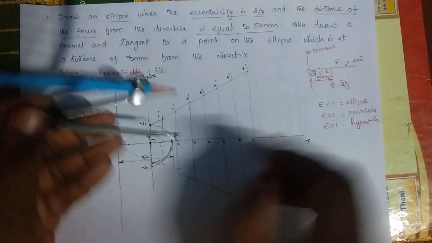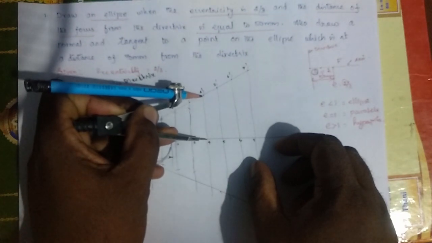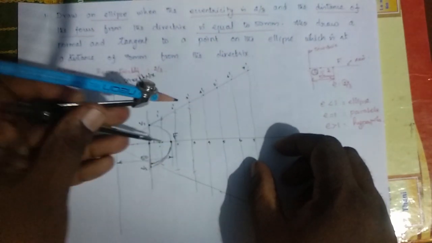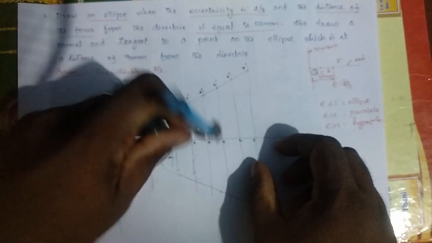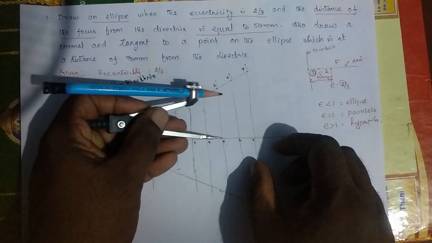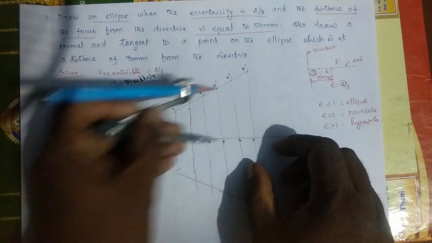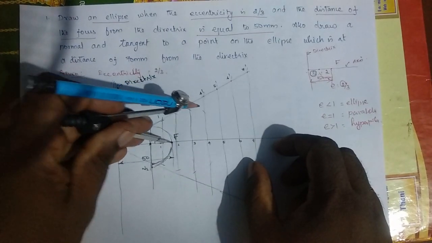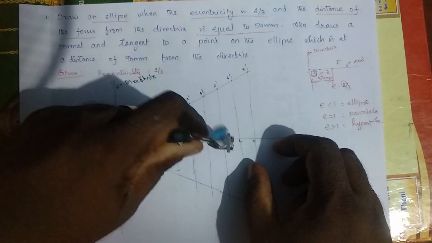Now from 4 to 4 dash as a distance, F as a center, and make an arc. Now 5 to 5 dash as a distance, focus F as a center and make an arc.